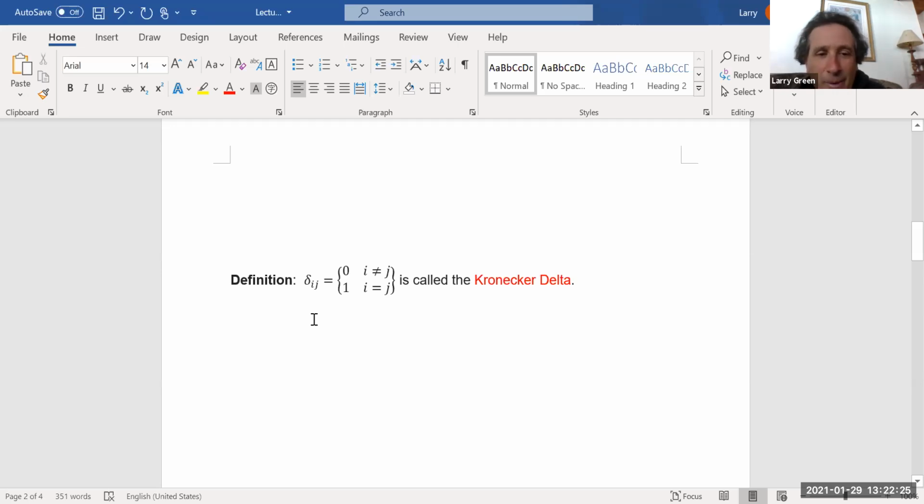So for example, let me give you another way of writing the definition of orthogonal or orthonormal.